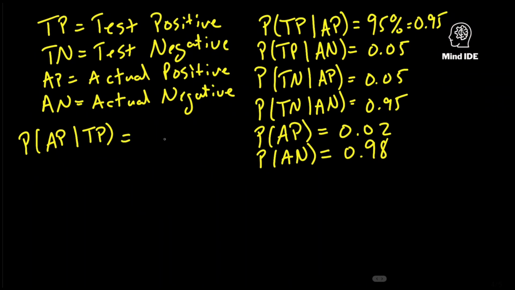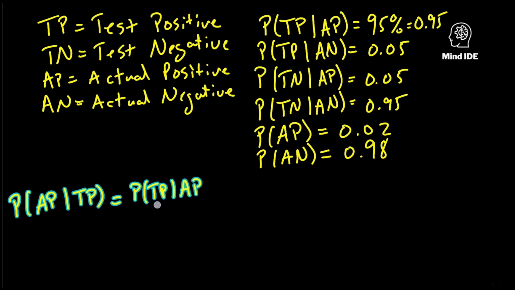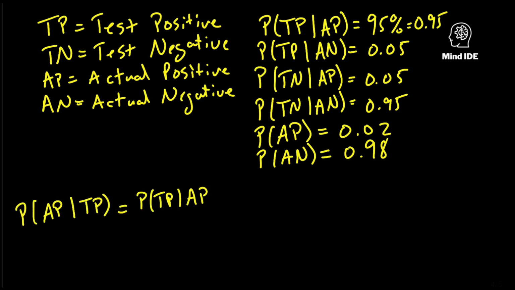So we have P of TP given AP, multiplied by P of AP over P of TP, which if we look, this is set up so AP, TP.